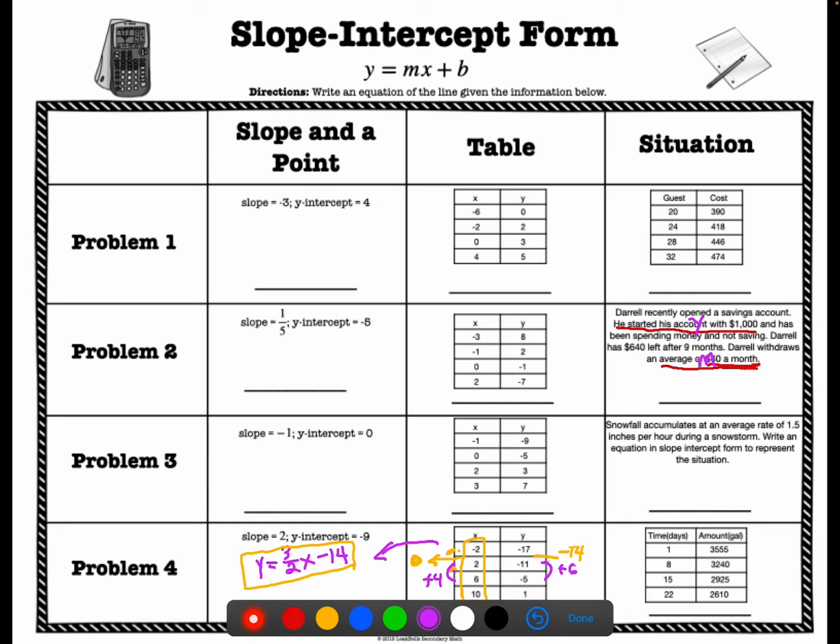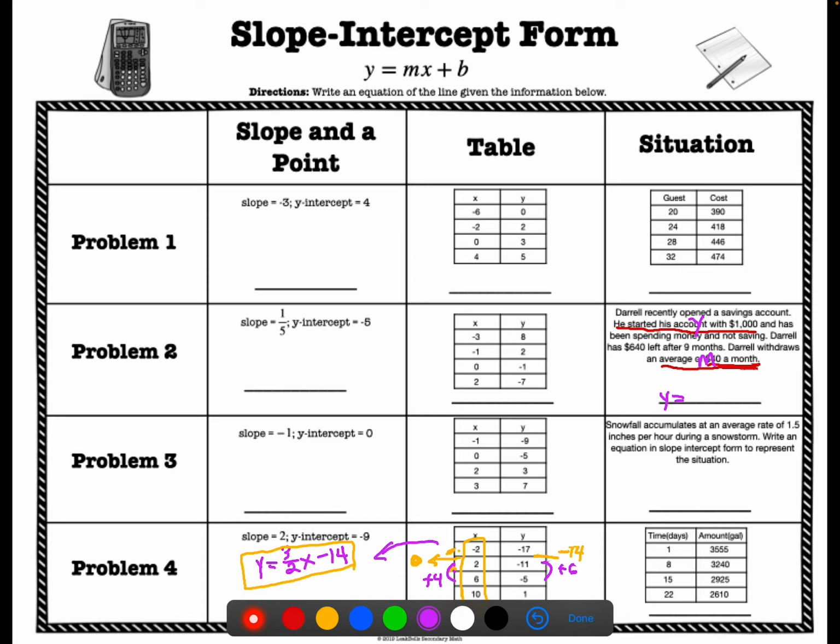So when we write this equation, we're going to write, first off, he starts with 1,000 and decreases. Note that the rate is decreasing.